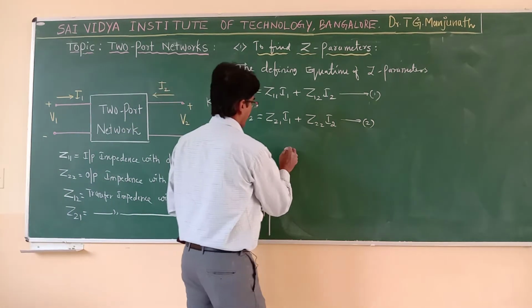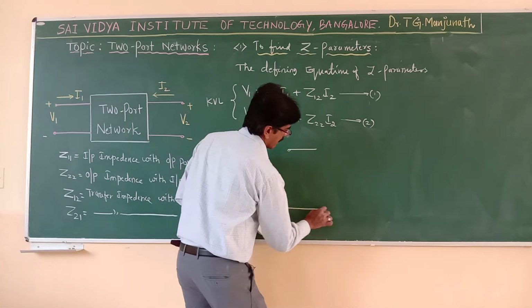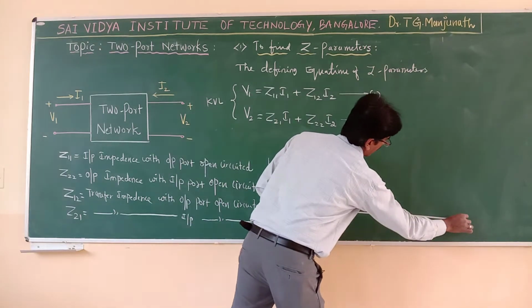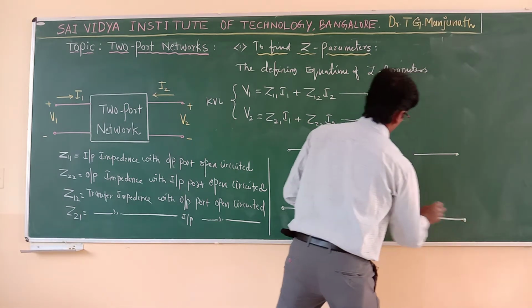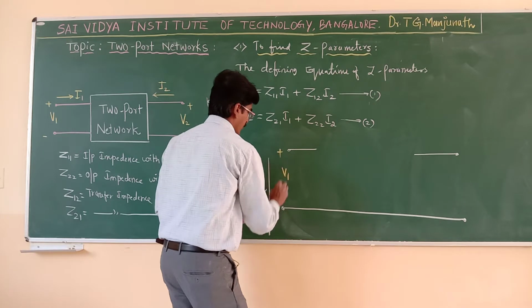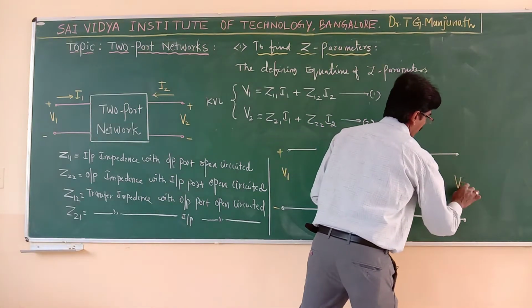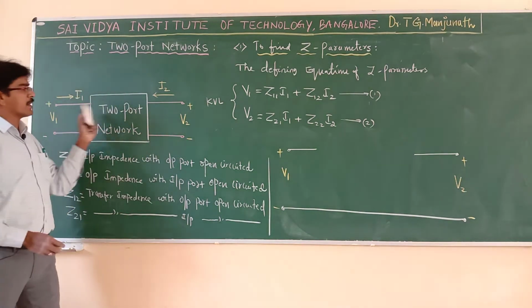Let us write, this is a common ground, this is the output, and this is the input. What is the voltage at the input? V1. What is the voltage at the output? V2. Okay.